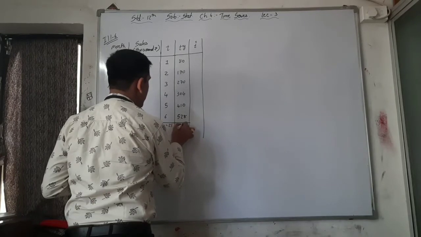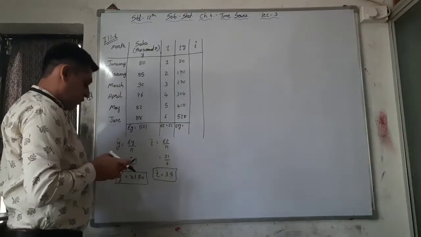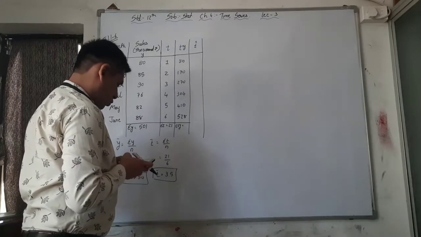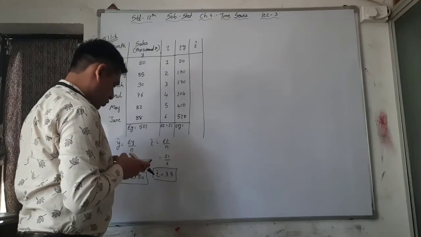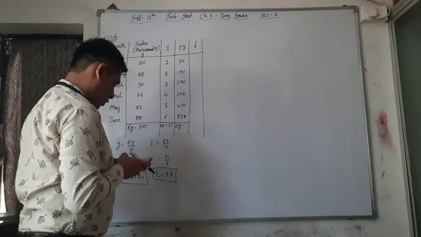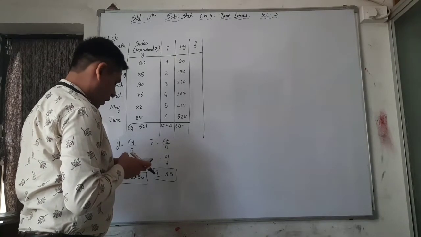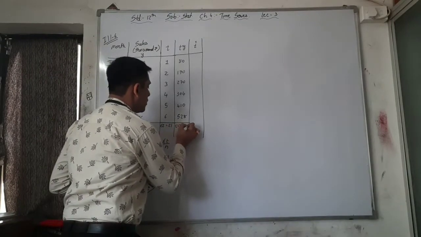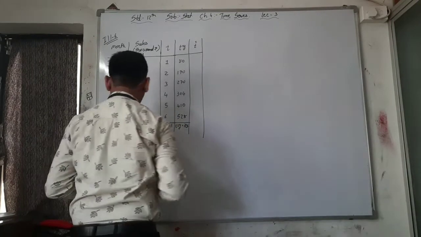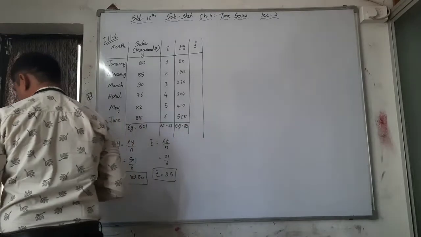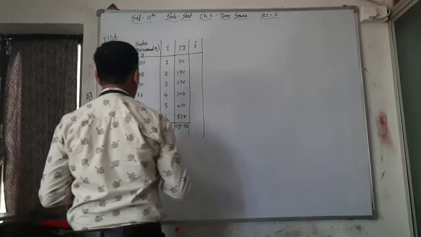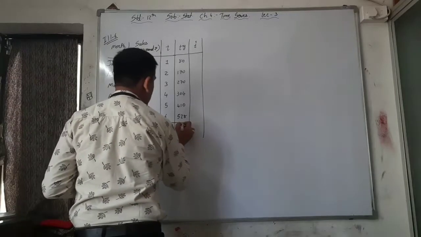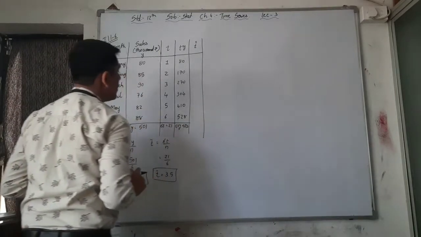Make the total, sigma Ty. Sigma Ty is equal to 80 plus 170 plus 270 plus 304 plus 410 plus 528. See here, sigma Ty is 1726, sorry, 1726.